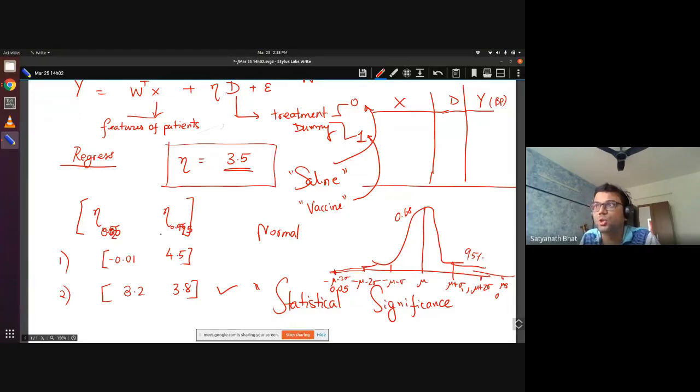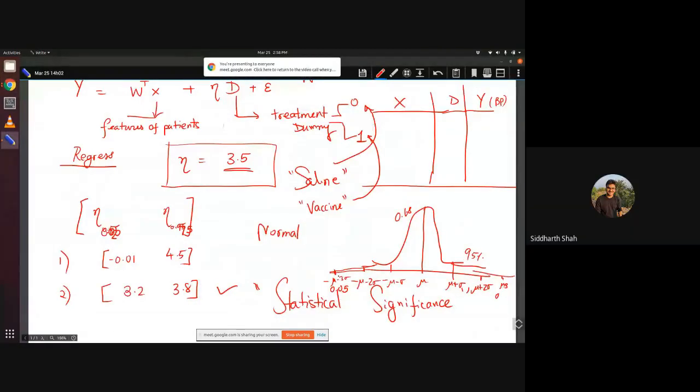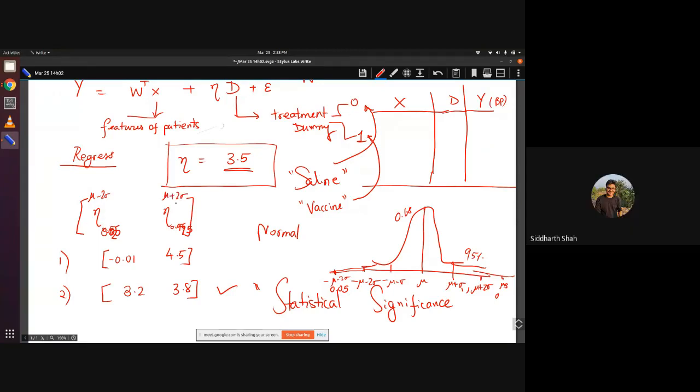So together it should be a 95% interval. Do you understand what I'm saying, Siddharth? Yes, sir. So this distribution is that of eta in this case. Yeah, it will correspond to mu minus 2 sigma and mu plus 2 sigma. Okay. Yes, sir.